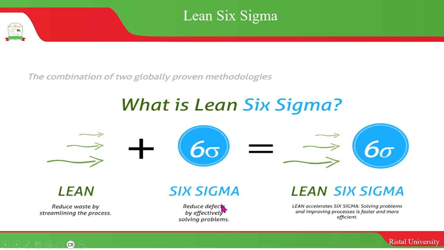It is assuring us that the system is accurate. So if the system is accurate, then we need now to combine it with reduction of waste. If we have an accurate system, we don't need to waste resources, and then at the end we shall get a combination of better results. Lean Six Sigma accelerates the Six Sigma problem solving and also improves processes in a faster and more efficient way.